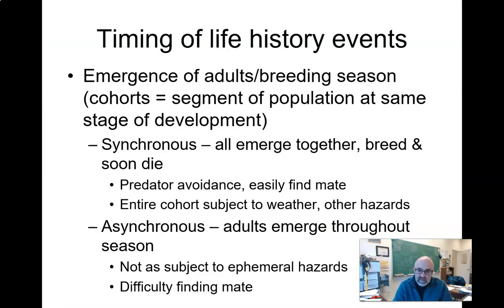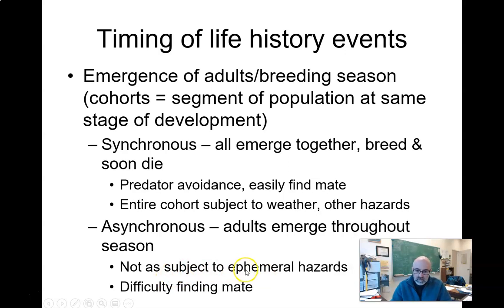All right, pretty amazing. Alternatively, some insects emerge as adults throughout the season. The benefit to that would be that you're sort of hedging your bets in terms of hazards. Ephemeral means sort of short-lived hazards.